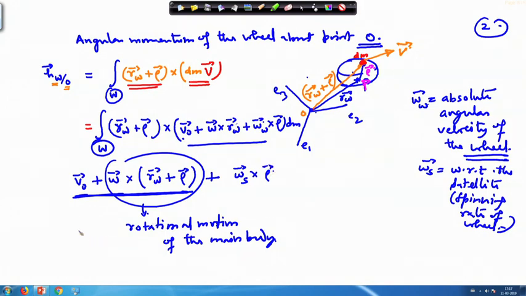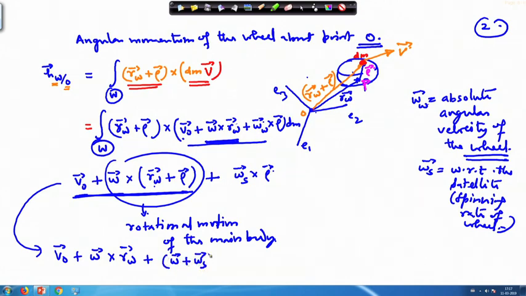Now, if we break up this particular part, this becomes v 0 plus omega cross r w, where r w is the distance to this point, which we have already written, plus omega s cross rho, we can write it like this.